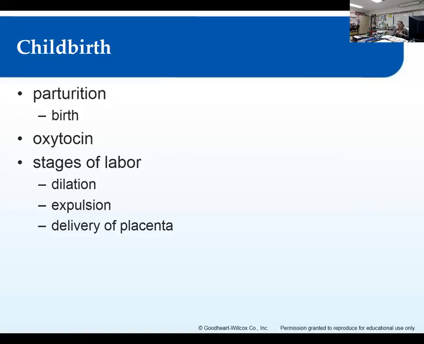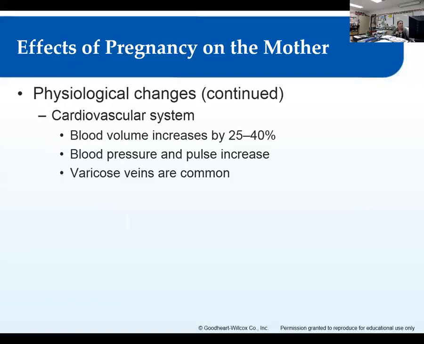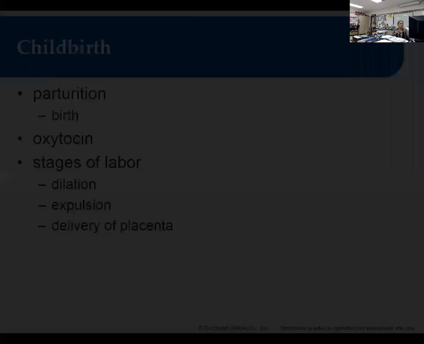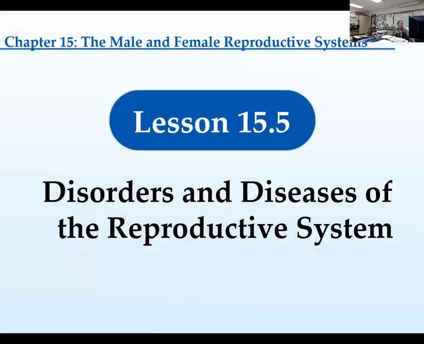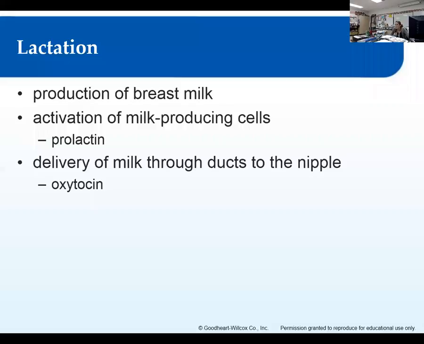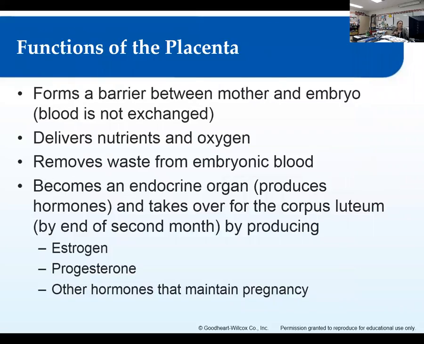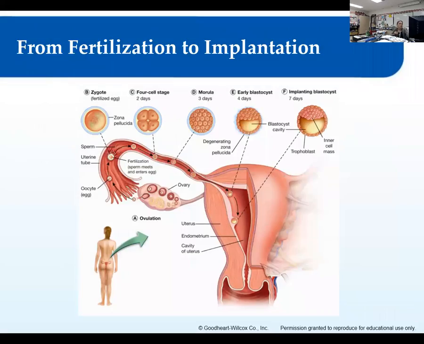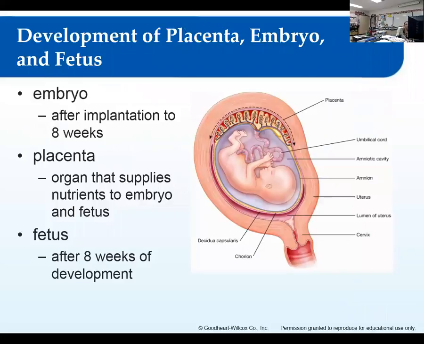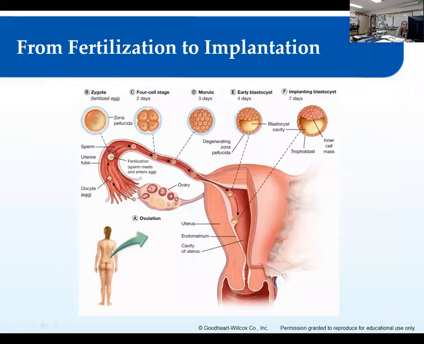So normally the cervix is, go back to this picture. If you go back to this one, see how the cervix down here is still really thick? Okay. Well, as labor progresses, what happens is this.